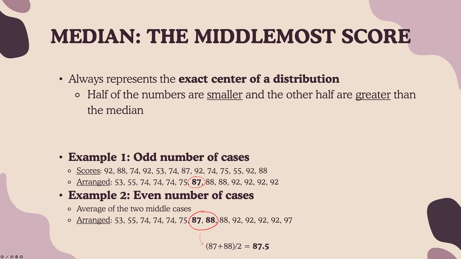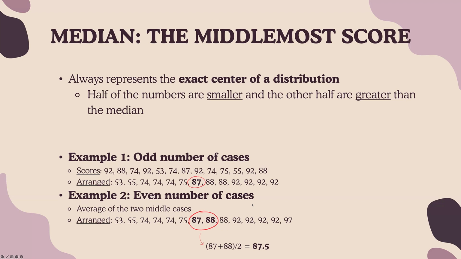So for this first example, if we have an odd number of cases, we order those values and then figure out which one's the middlemost value. We sort of cross each of them off from end to end, and the middlemost value here is 87.